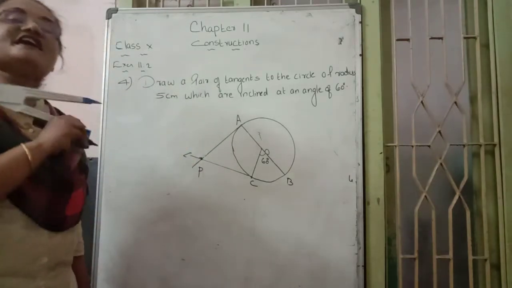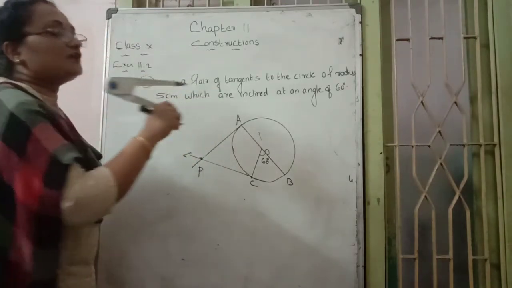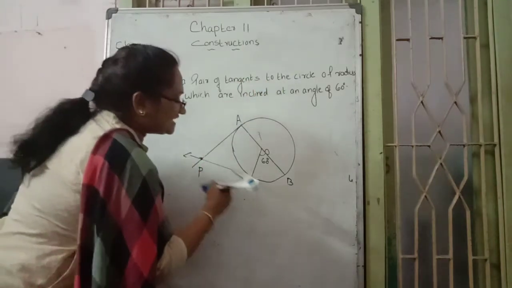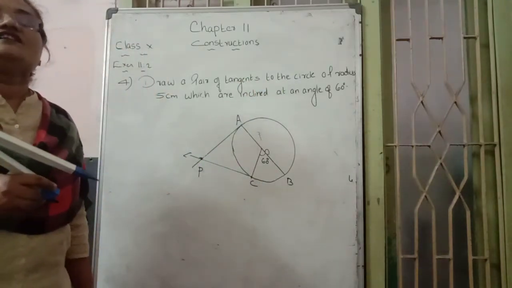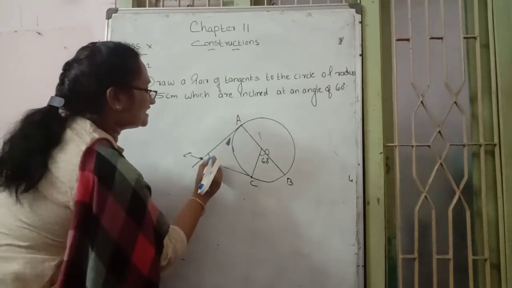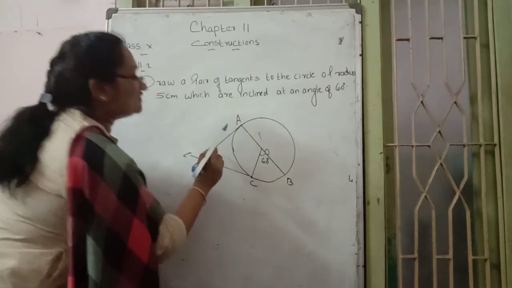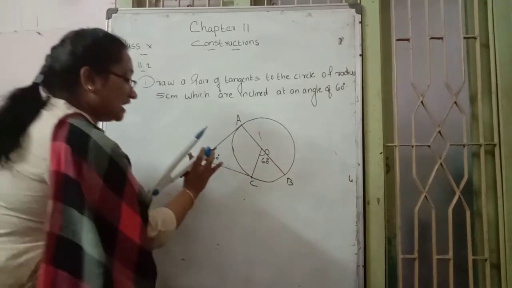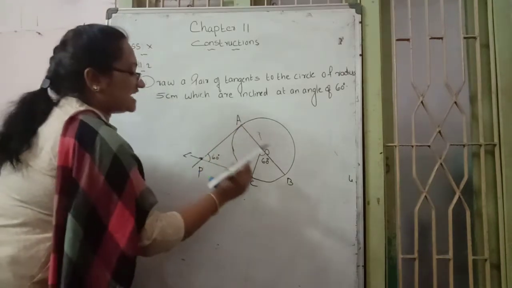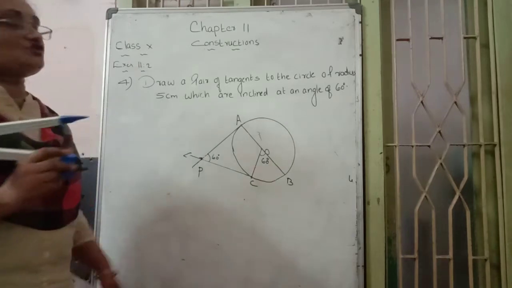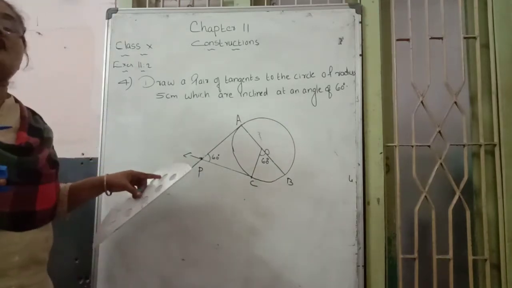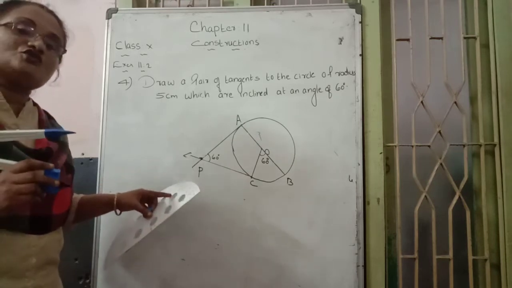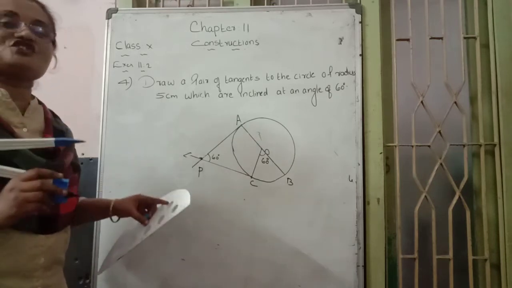I hope you can understand. What we want to prove is that the tangents AP and CP make how many degrees? 60 degrees. We want to prove that, not simply mark it. We do that by justification.